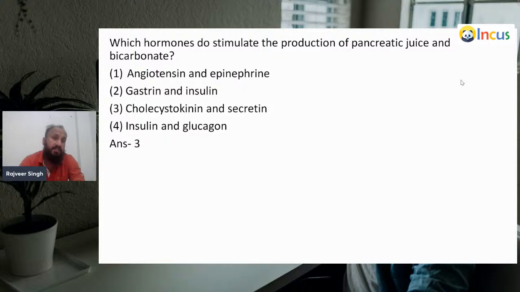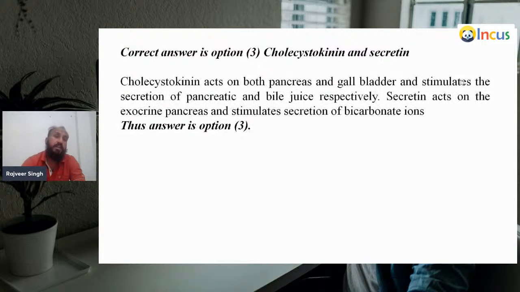The answer will be the third, cholecystokinin and secretin. Because cholecystokinin, CCK, acts on both the pancreas and gallbladder and stimulates the secretion of pancreatic and bile juice respectively. Secretin acts on the exocrine pancreas to stimulate secretion of bicarbonate ions. So our answer will be the third.